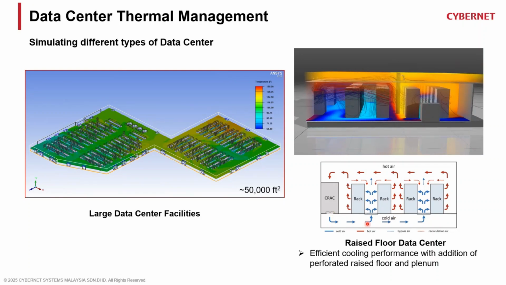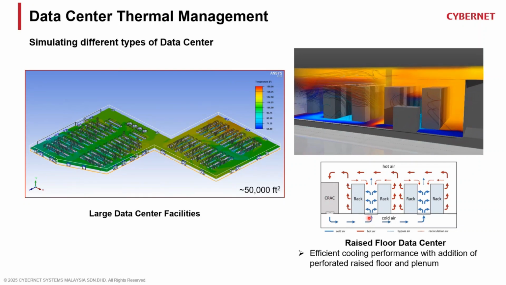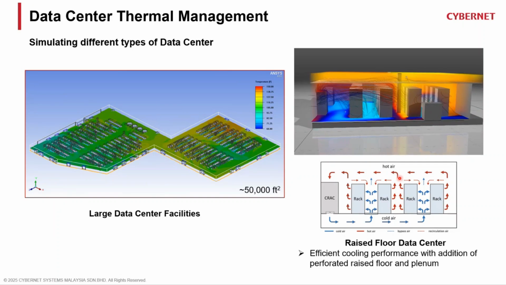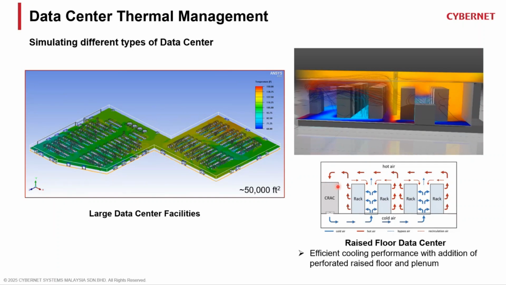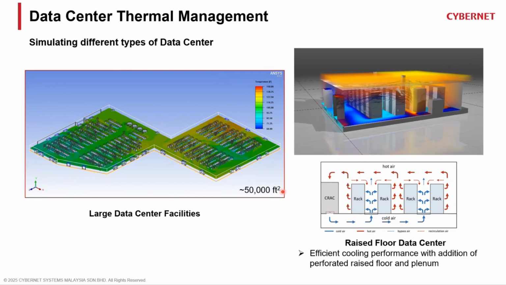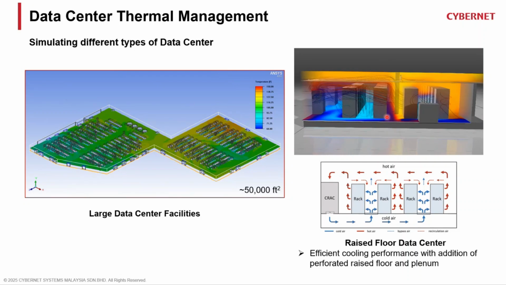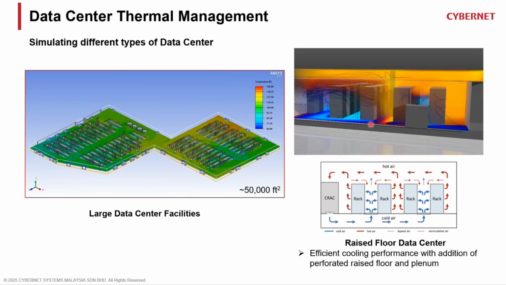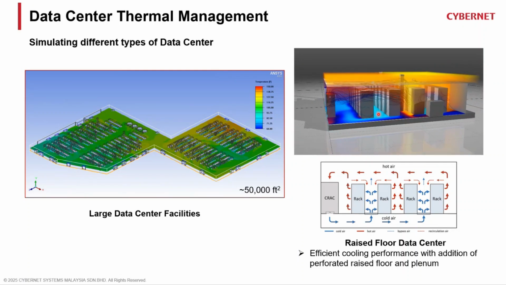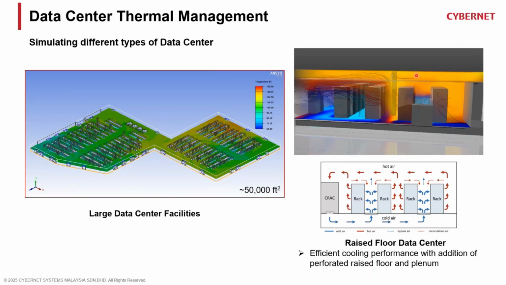It gives you a smoother flow of cold air from the bottom to cool down the hot air, and then the hot air rises and moves to this area. That's the trending configuration. Obviously, you can simulate that as well, as I show here. This is an example. The cold air is coming from beneath the raised floor, then it cools down the data rack, and all the hot air you are seeing here is on top.